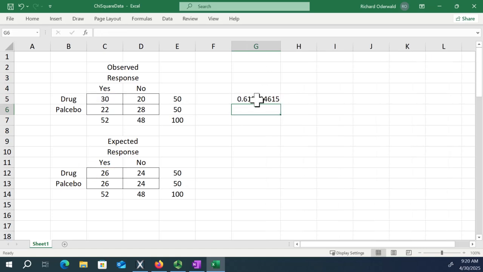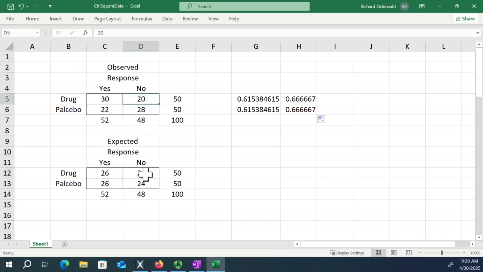And the difference, basically this is 30 minus 26. 4 squared is 16, and then divided by 26. So this number is 16 divided by the 26 in the expected cell. And this is pure mechanical, right? And since it's set up that way, you can copy it over and then copy it down, and all the cell references are consistent. So it's 30 minus 26 squared divided by 26.